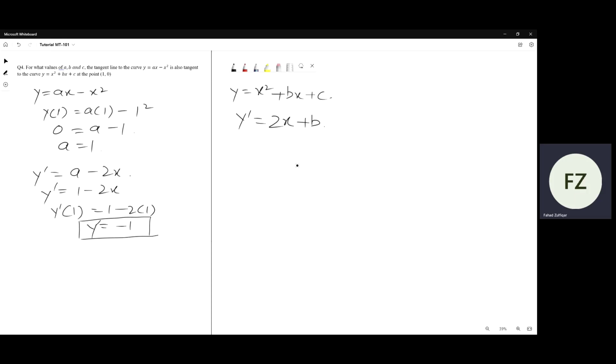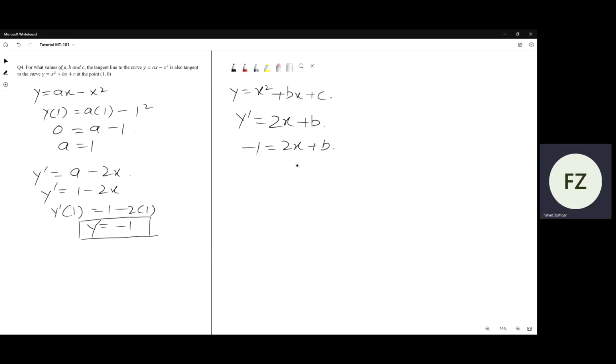So if it is also tangent to the curve at the same point, we know that similar tangent lines have the same slope. So the y dash that we found for the first function would be the same for the second function. So we'll simply plug in y dash equals minus 1 into 2x plus b.